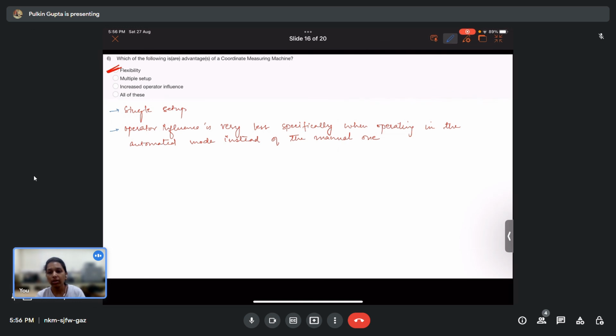And the flexibility comes from the fact that it has 6 degrees of freedom, and you can measure from simpler geometry to complex geometry, and also all kinds of free-form geometries.